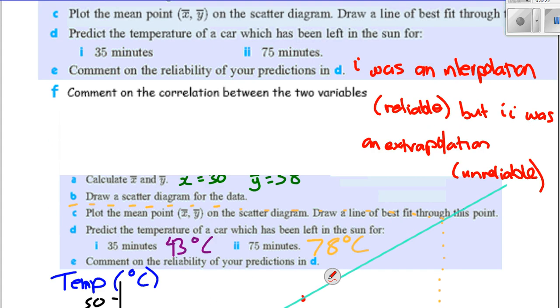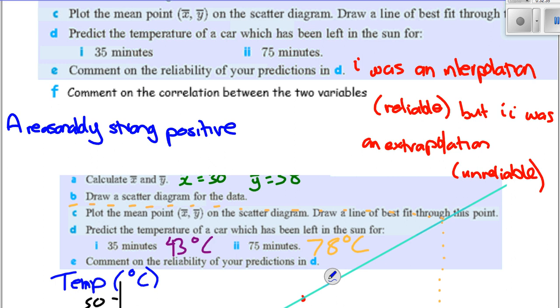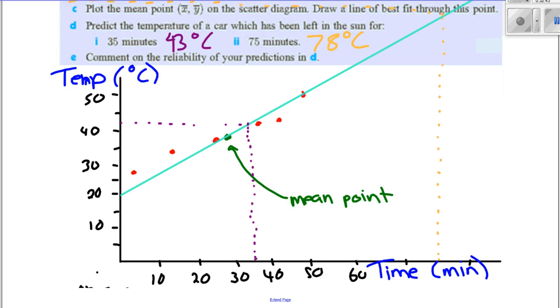So I'll say a reasonably strong, but what's important is the word positive. That's probably what you're looking for. Positive correlation, which indicates that as the time in minutes increases, that causes the temperature in the car to also increase. And thank you for your patience with the board, and that's it.